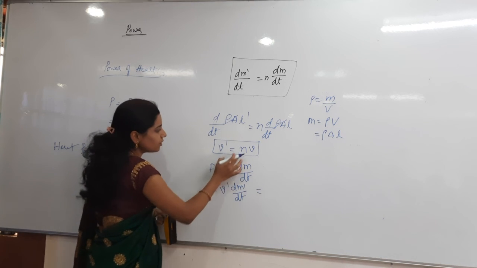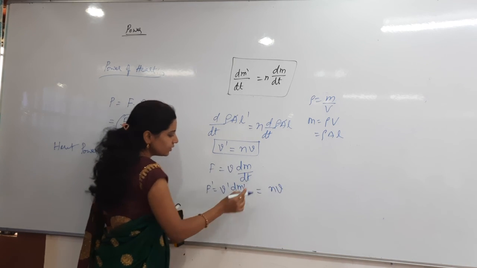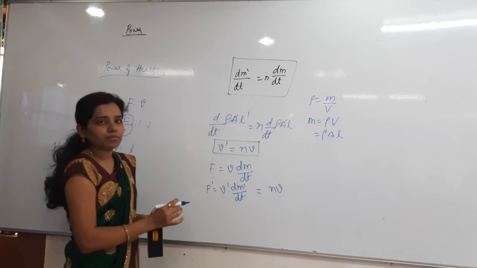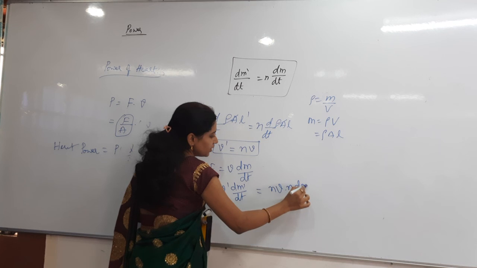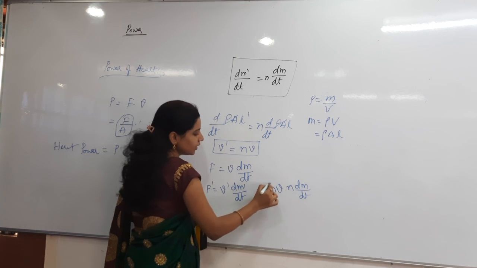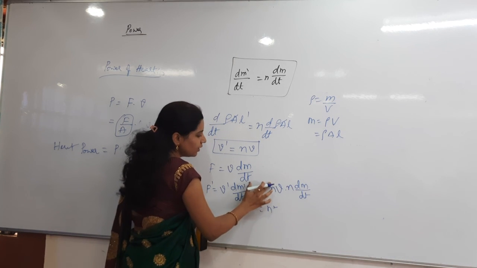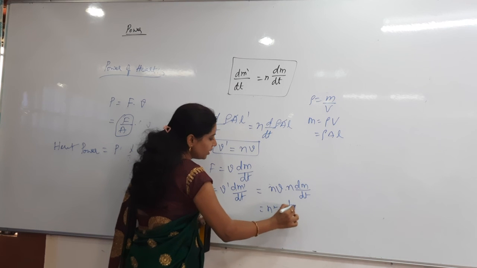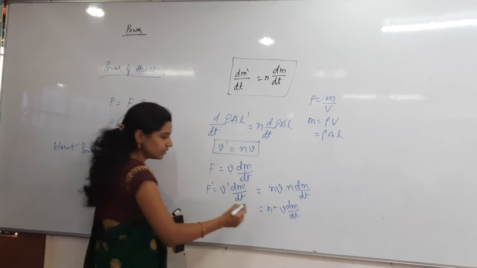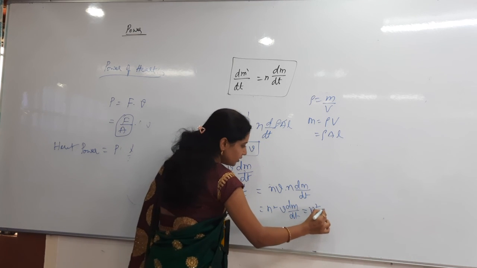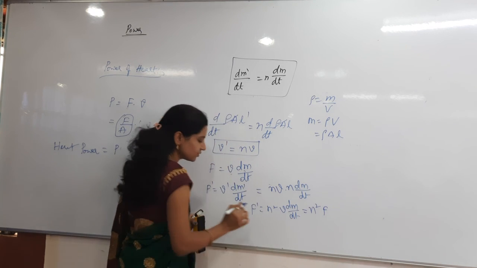Now V dash is nothing but how much? N times of V. Dm dash by dt is nothing but how much? N times of dm by dt. N into n will be n square, and then what is remaining here? V dm by dt. What does V dm by dt mean? F only. So n square into F we will get. This is the F dash.